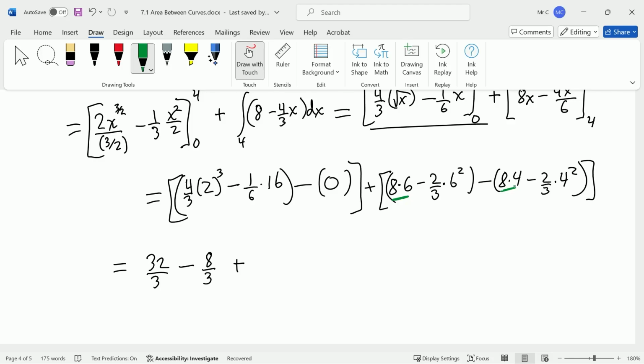So I should get 16 from that, minus 2/3 times 36, which is 2 times 12, which is 36. Wait, no, it's 24, sorry. So let's try that again. 6 squared, 36, divided by 3, it's 12, times 2, it's 24. There we go. And then we've got a negative of this negative, so that should become a positive. 16 times 2, that's 32/3.